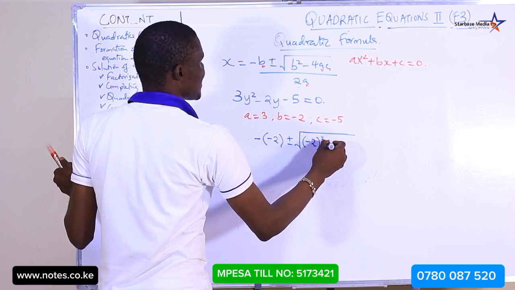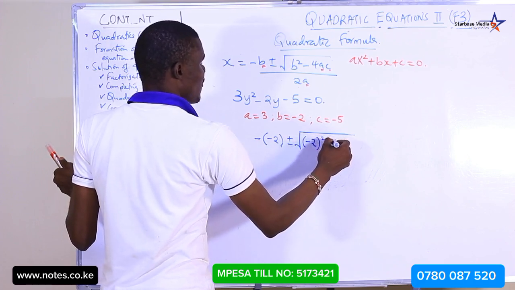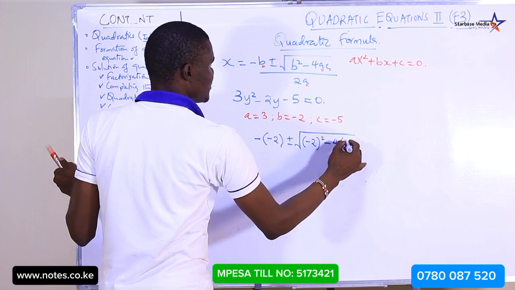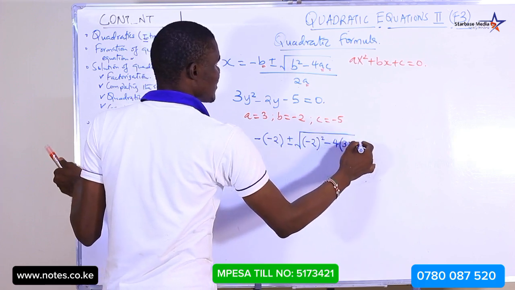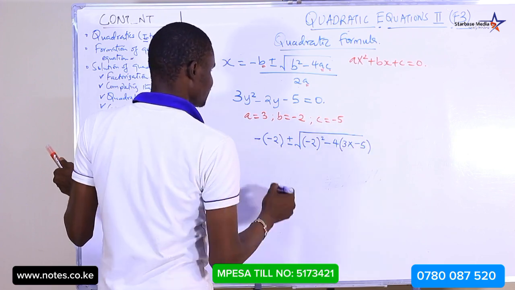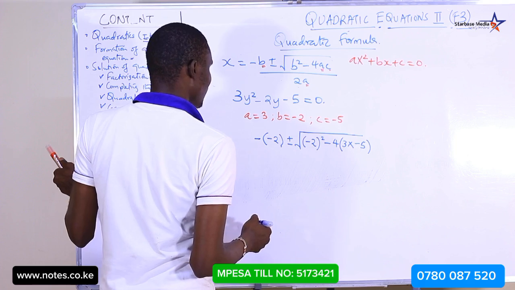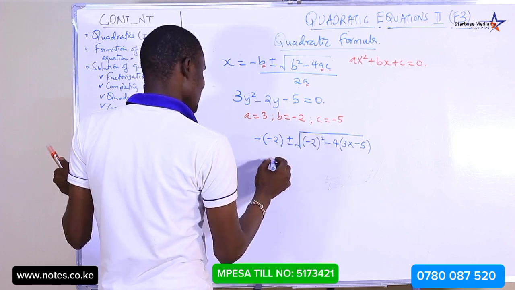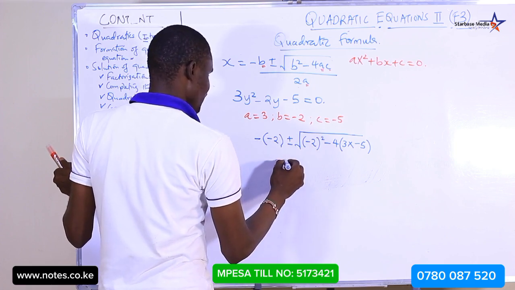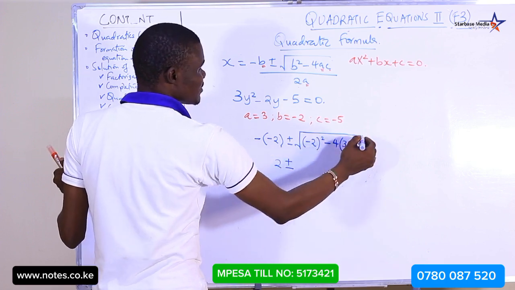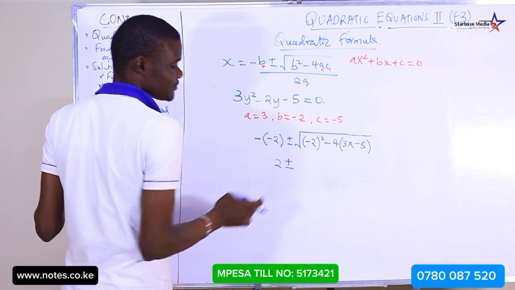Negative b squared minus 4 into, put a bracket, a is 3, times c, negative 5. If you don't put the bracket, that is where you will get it wrong. Okay? So I always prefer to finish this top part first. So this will be 2 plus or minus, and you enter this into the calculator properly without any errors.